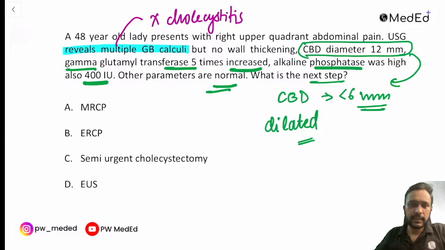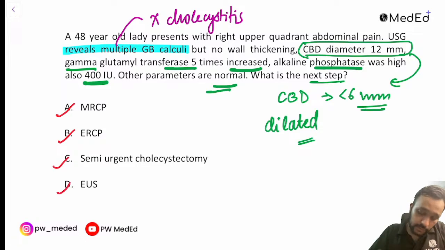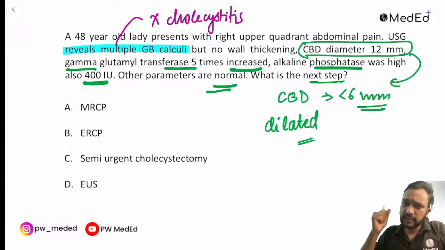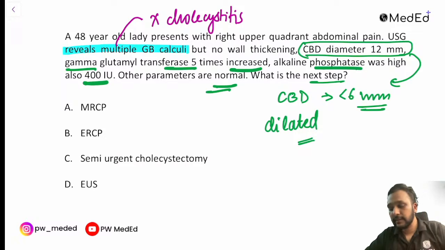Even if you don't know, this is an MCQ. Look at the options: MRCP, ERCP, semi-urgent cholecystectomy, endoscopic ultrasound. Mohit, Sandesh, what are we suspecting in this case?